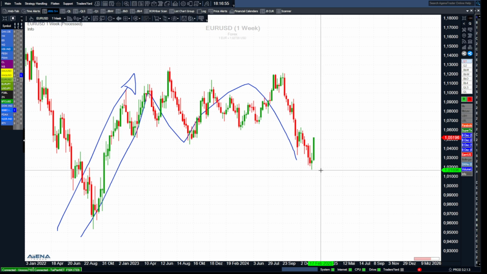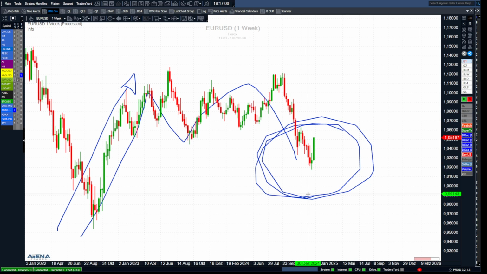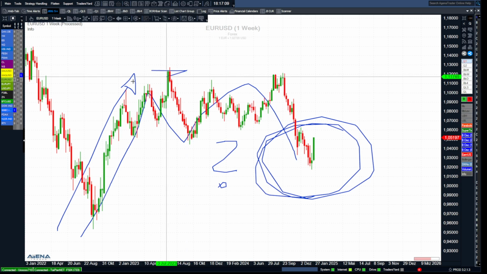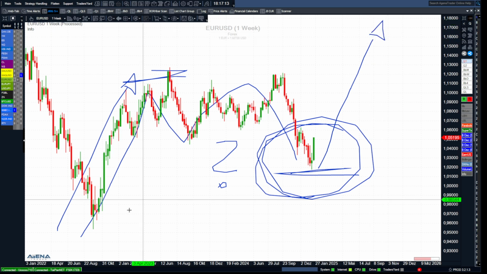So I would expect, if the market is ending the corrective pattern, this is a question we need to answer. But if the market is ending the sideways pattern, then we need to continue the trend we had before. This is what you could see here.